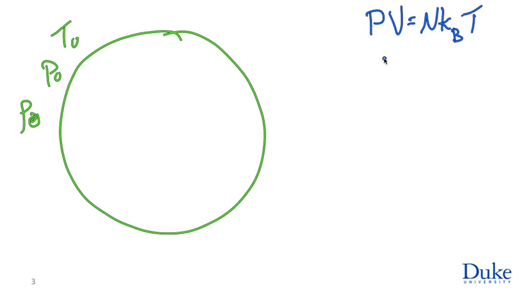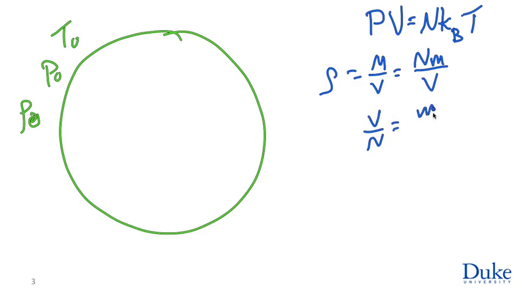If m is the mass of a hydrogen atom, then since the mass divided by the volume is rho, and since the mass in a given volume is the number of particles times the mass of a hydrogen atom, I can relate N and V to rho, and I find that V divided by N, which is the quantity that enters into here, is simply m divided by rho.